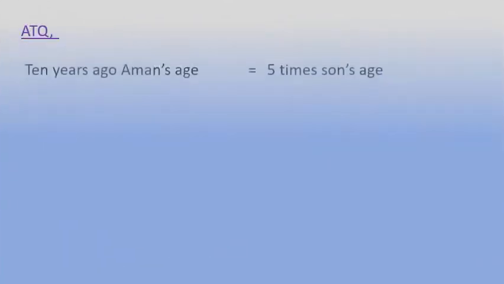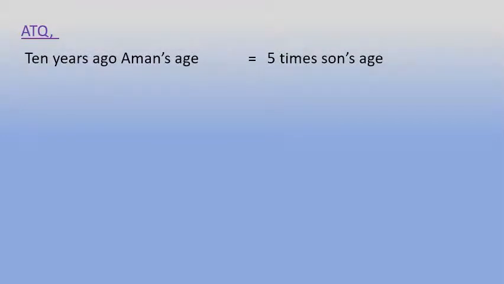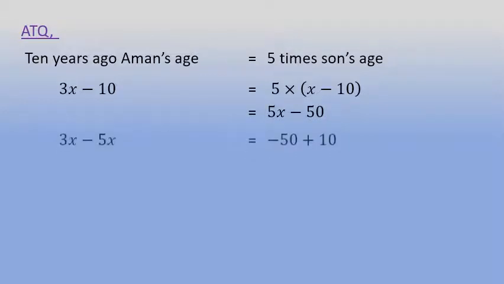Now, according to the question, it is given 10 years ago, Aman's age equal to 5 times son's age. That means 3x minus 10 equal to 5 into (x minus 10). This is the linear equation we formed. That is 3x minus 10 equal to 5x minus 50.